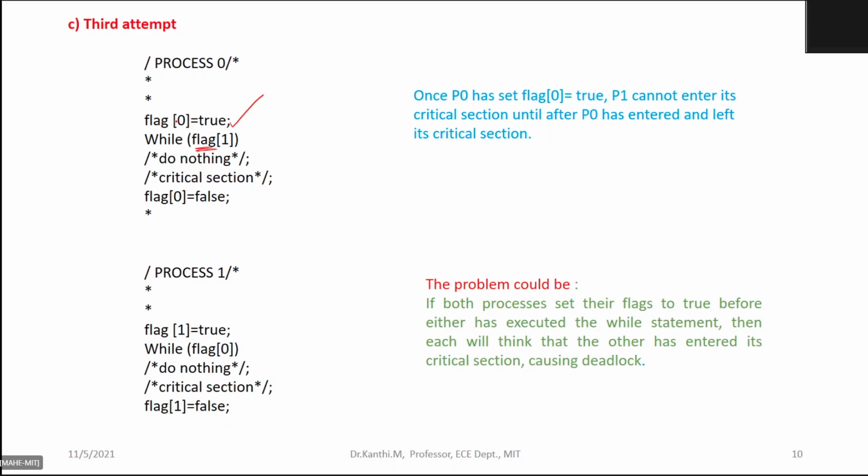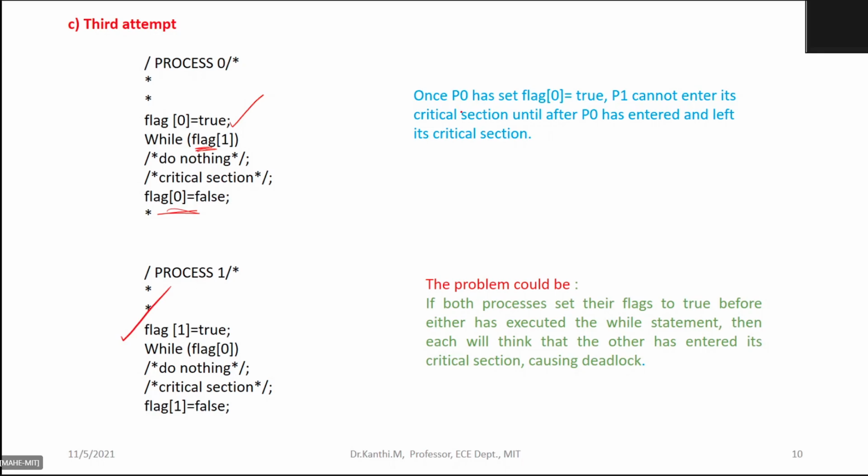So make yourself true and check. If the other flag is true, then you cannot enter into the critical section. If it is not, then you can go to the critical section and once you are done, you make it false. Similarly for the other process.